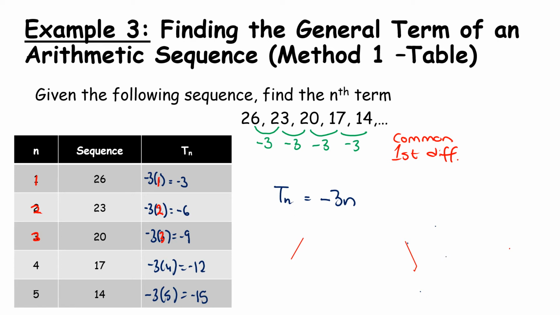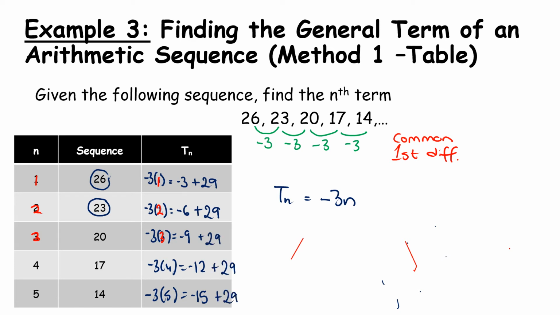Now, what correction will I need to add to each of those to get to my number? So I'm at minus 3, and what do I have to add to get to 26? In this case, I'll add 29. Now, when I look at the rest of them, I do the same thing. What do I add to minus 6 to get to 23? It's 29. And what you should find is that piece remains constant.